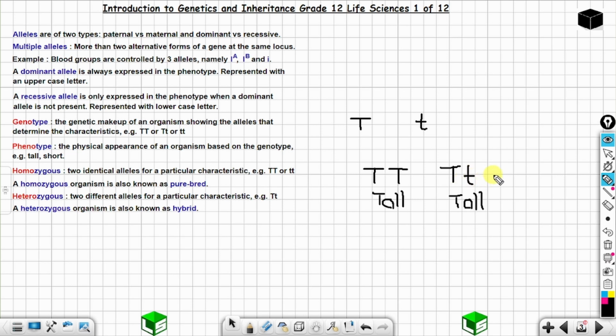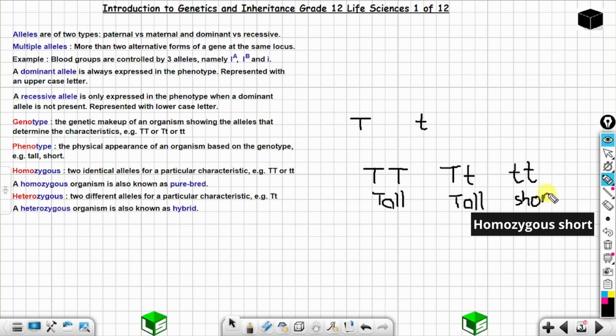So you can also have one like this from the father and another one like this from the mother. So this person is going to be short. The person has got two alleles which are recessive.